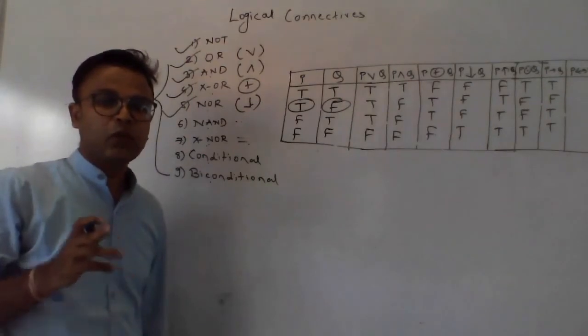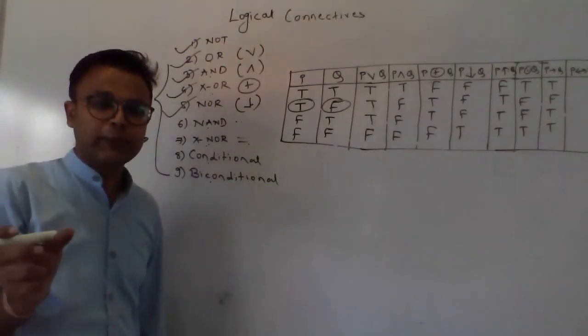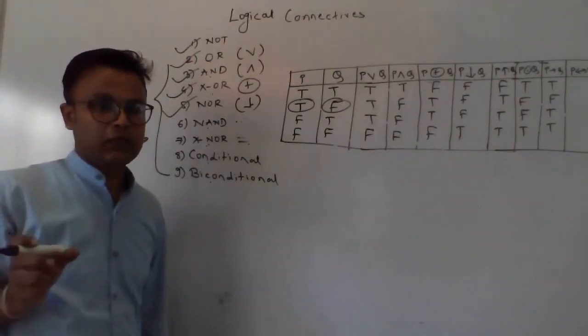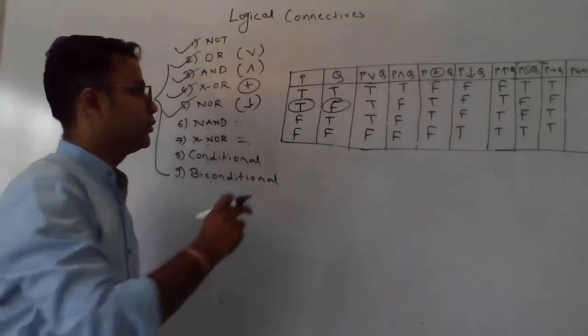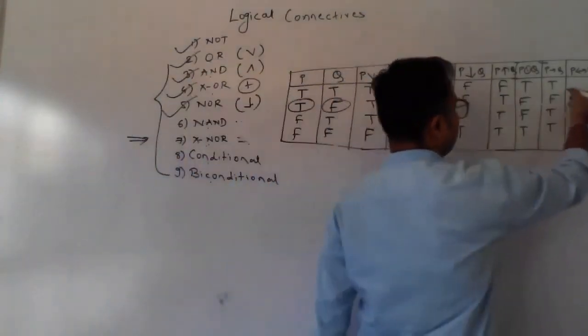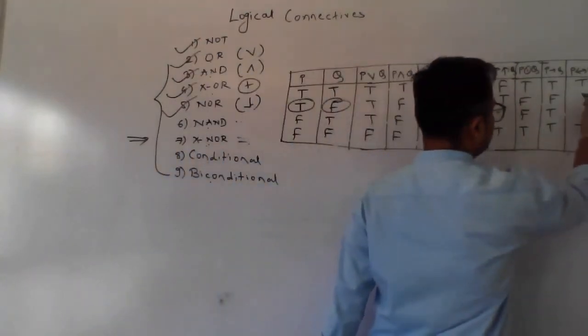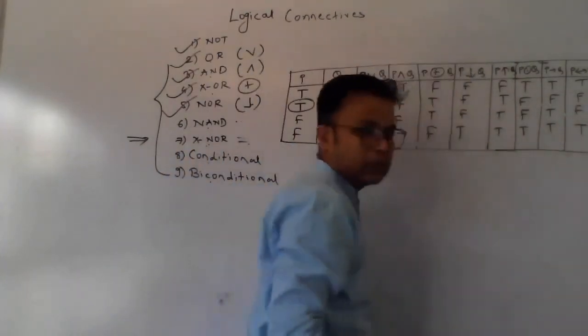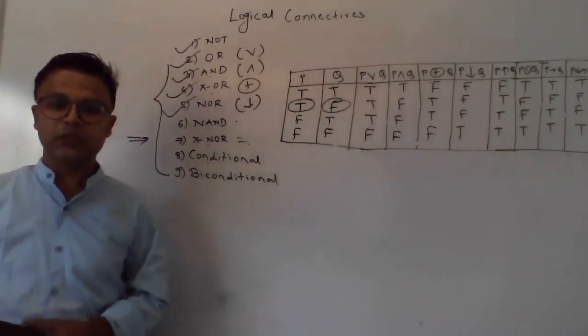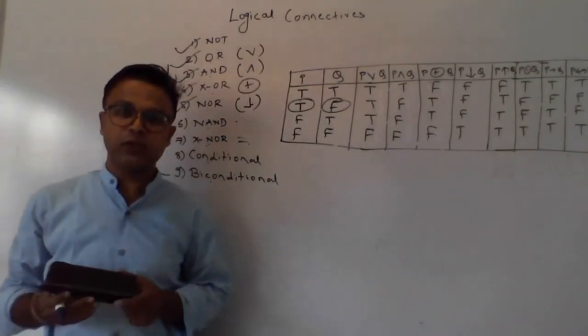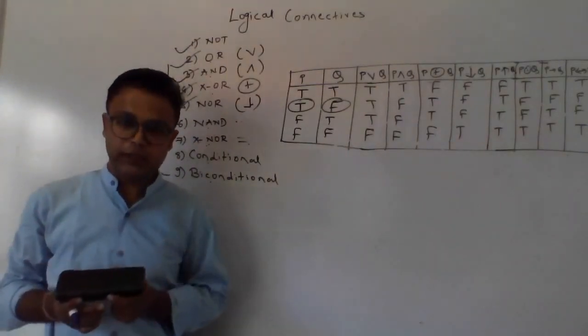So it is true whenever both the statements are equal, that is either true or false. So in this case it is true, and in this case also it is true, otherwise it is false. So this is about the truth tables of all the logical connectives.